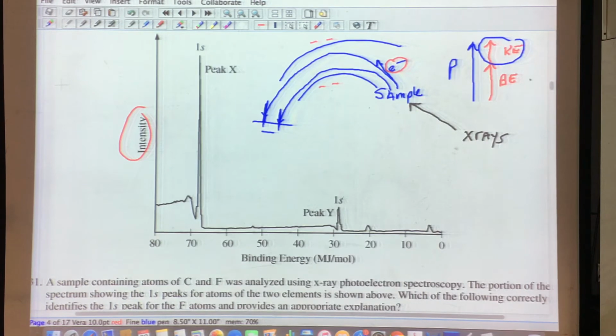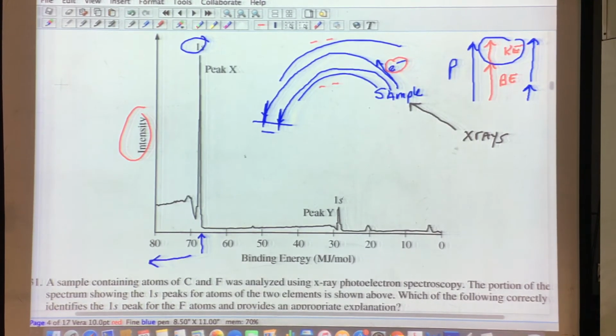So if I've got something with a lot of kinetic energy with the same photon, the binding energy has got to be less. So essentially what we're measuring is how much energy to separate these electrons. And if you notice, binding energy usually increases as you go this way. So this peak, which is showing a lot more electrons because it's higher, is showing a much higher binding energy.